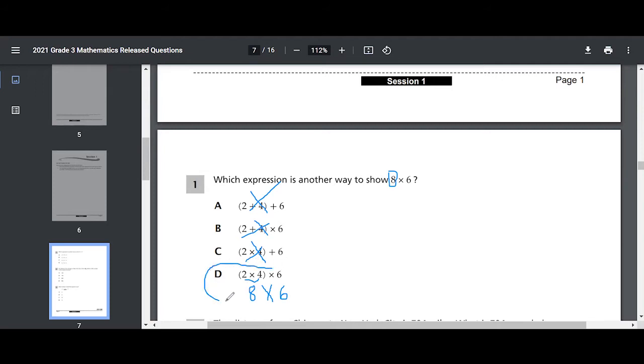Answer choice D is our answer for question number 1. Now I'm going to erase what we did to solve question number 1.